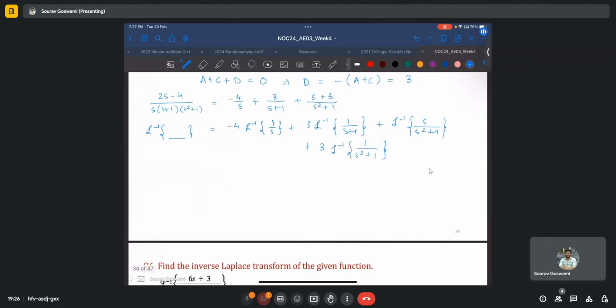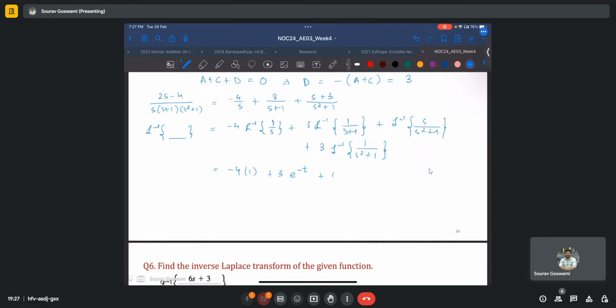And if we refer to the formulae available with us, Laplace of 1 is 1 by s. So Laplace inverse of 1 by s is 1. Laplace of e power at is 1 by (s minus a). So this is e power minus t. Laplace transform of cos at is s by (s square plus a square).